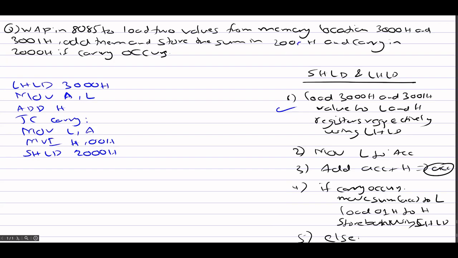So we store the sum in 2000H. Sorry, the sum will go to 2000H, yes, and then the carry will go to 2001H. Okay, so I've edited the question a little bit. The carry should be stored in 2001H.